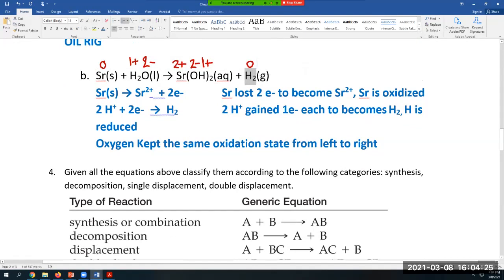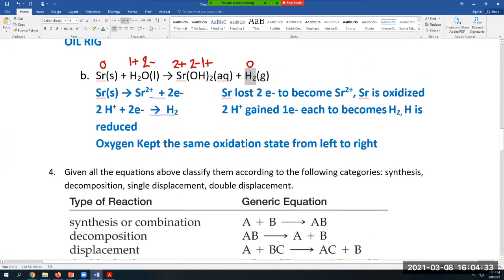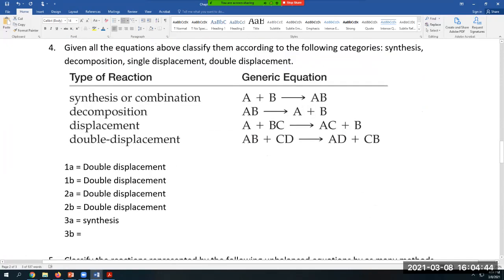So we have this form of the single displacement, A plus BC gives AC plus B, because you recognize single displacement by the fact that you start with an element and a compound, and you end with a new element and a new compound. So that was a single displacement reaction. So you see how redox reactions can be a variety of things.